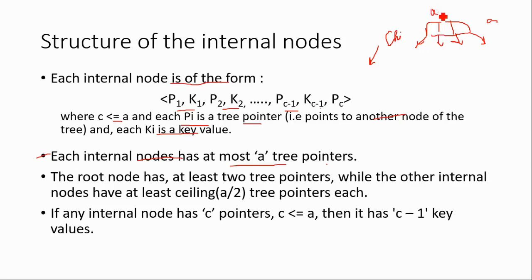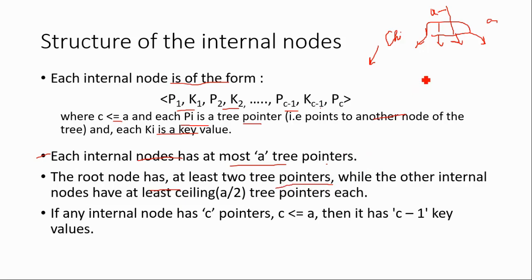This is applicable for the B plus tree also. So an internal node will have at most A tree pointers. The root node has at least 2 tree pointers.